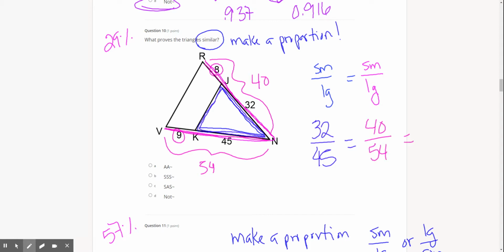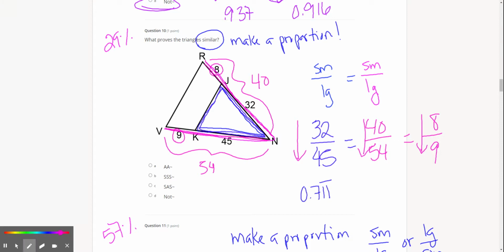But I'm going to make another one over here to make sure that we know that we can use the 8 and the 9 in this problem. So divide all those into decimals and see what you get. Did I do that right?